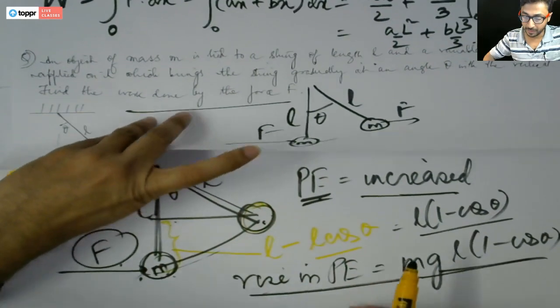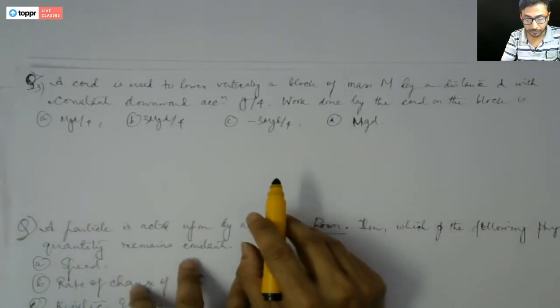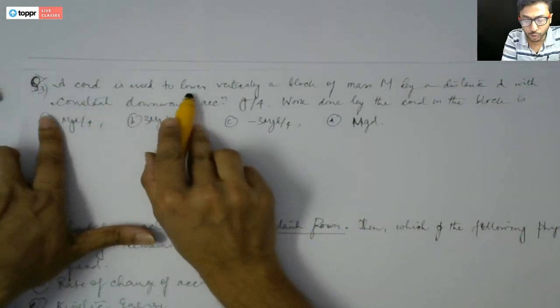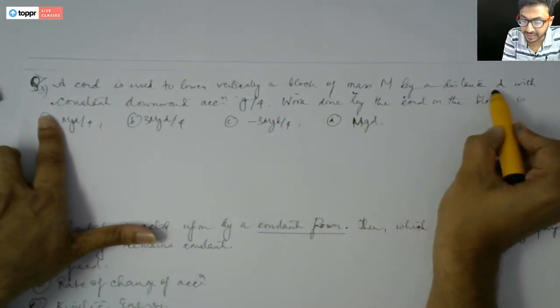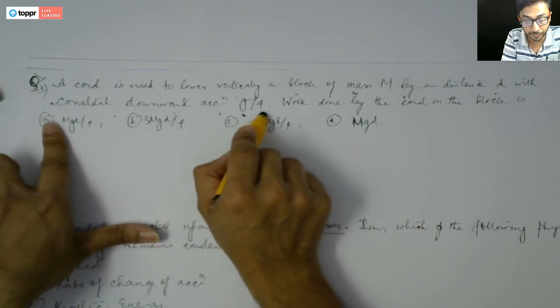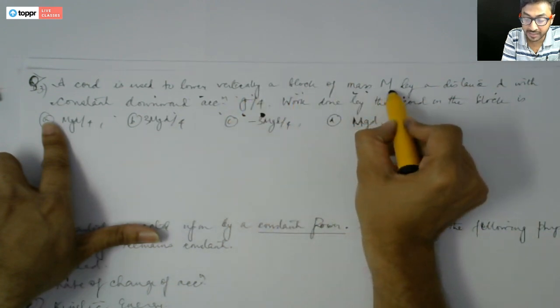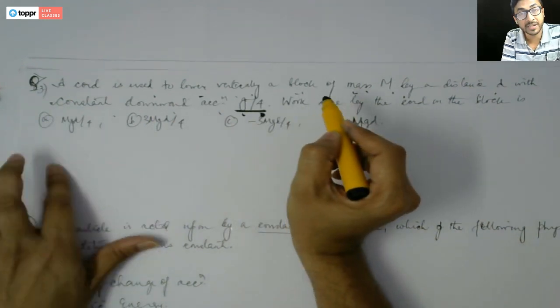Okay, now let's come to the next problem. A cord is used to lower vertically a block of mass m by a distance d with a constant downward acceleration g by 4.